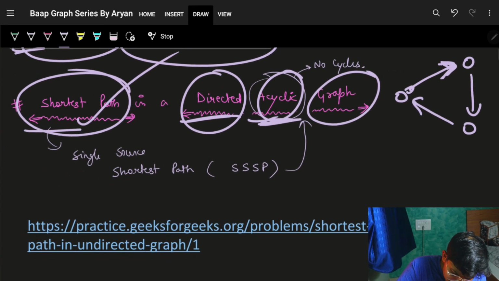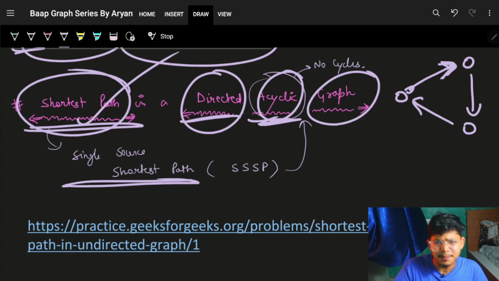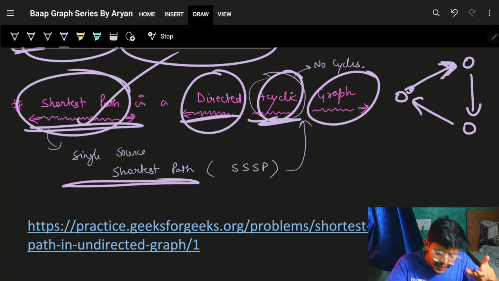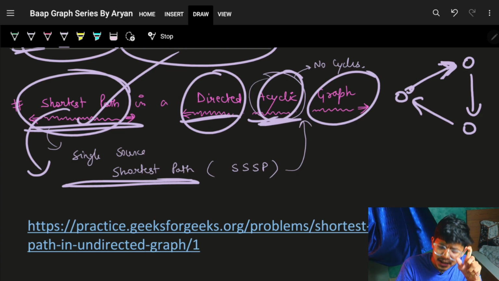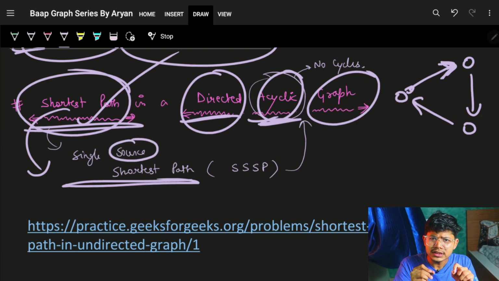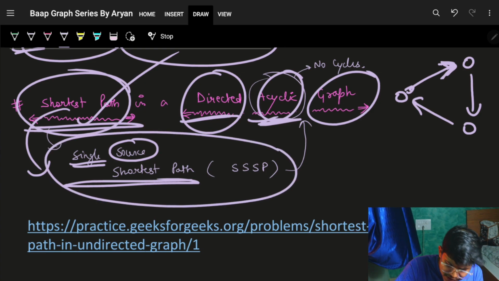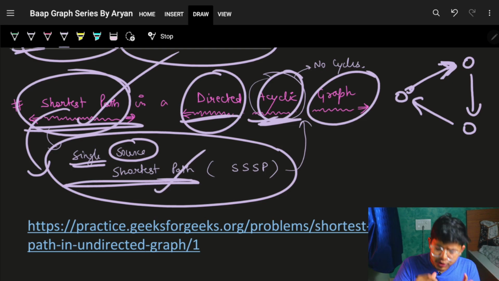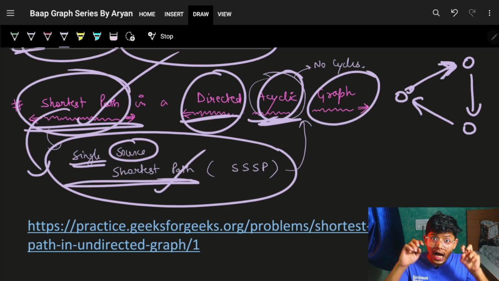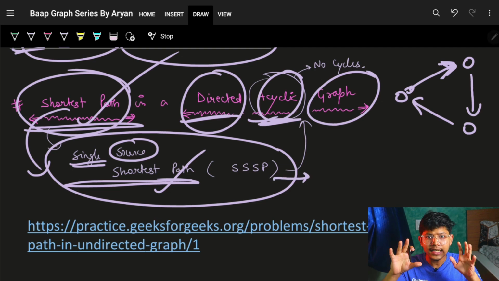Aryan, shortest path, I have heard something like single source shortest path. For sure, when you start the problem and find the shortest path, you will be finding the shortest path from some source, which means the source will be one. So I have heard of the single source shortest path problem, and I always remember that someone has told that Dijkstra can be applied.